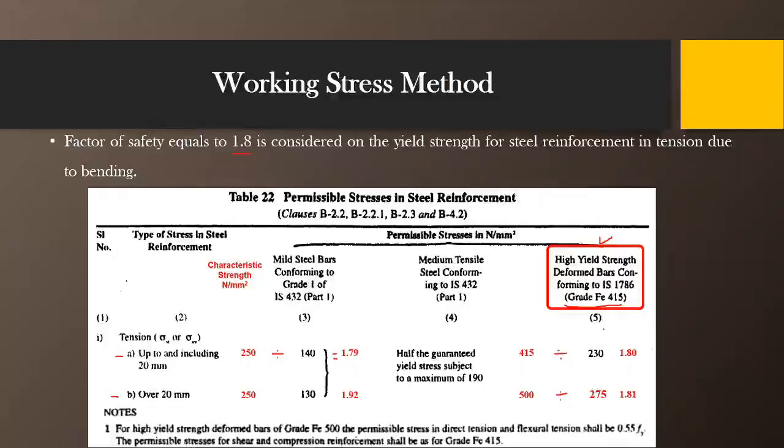Again, if you take the average, it is 1.805, or you can take it as 1.8. So that is the reason why we are using this sentence, that the factor of safety equal to 1.8 is considered on yield strength for steel reinforcement.